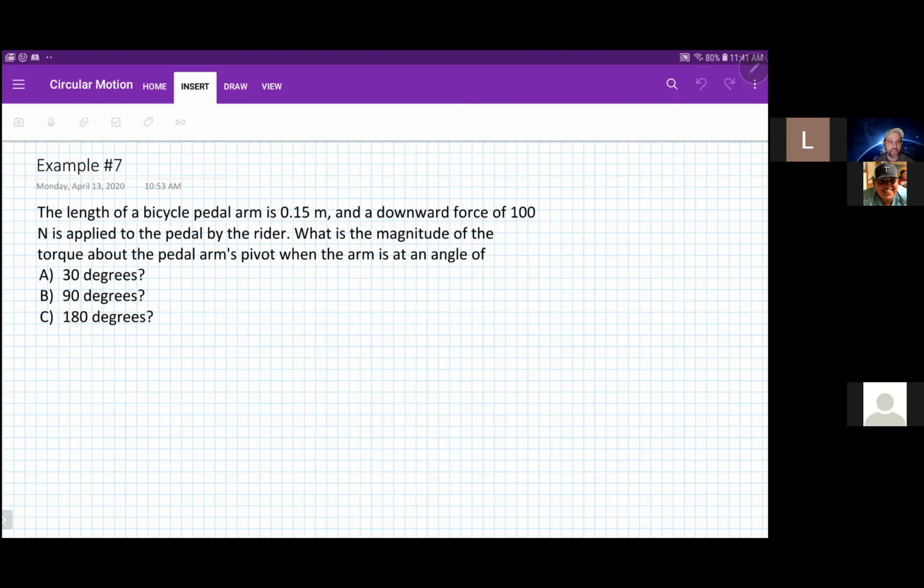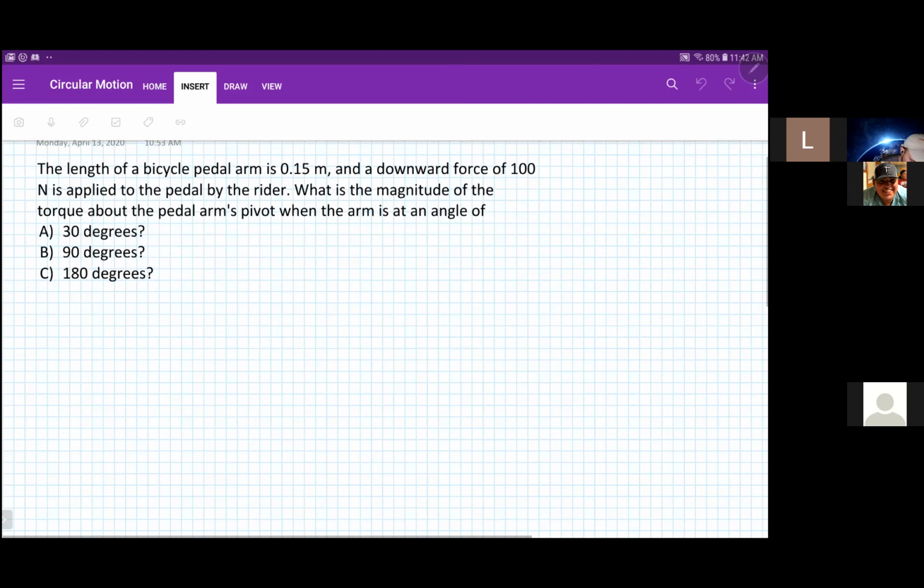The length of a bicycle pedal arm is 0.15 meters. A downward force of 100 newtons is applied to the pedal by the rider. So we've got a person riding a bike, and the distance from where his foot is on the pedal to the center of rotation is 0.15 meters, and he's applying a 100 Newton force. What is the magnitude of the torque about the pedal arm's pivot when the arm is set at an angle of 30 degrees, 90 degrees, or 180 degrees?